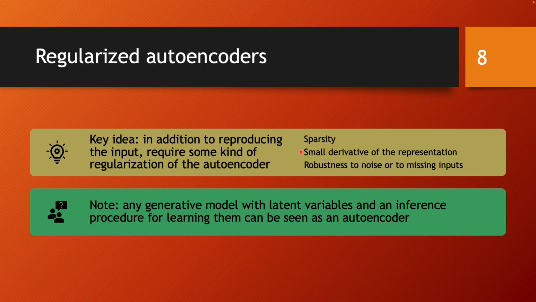You can also think in terms of small derivative of the representation, and also in terms of being robust to noise and to missing inputs. And we're going to open up each one of these ideas.